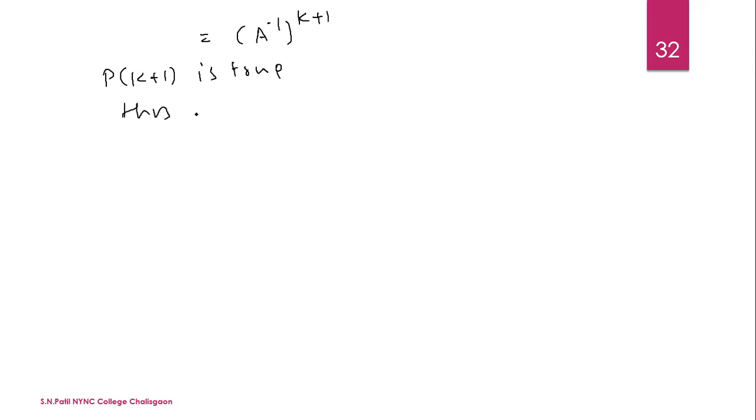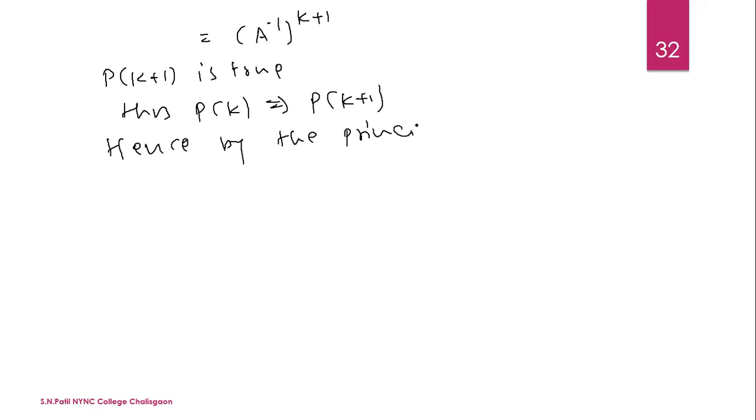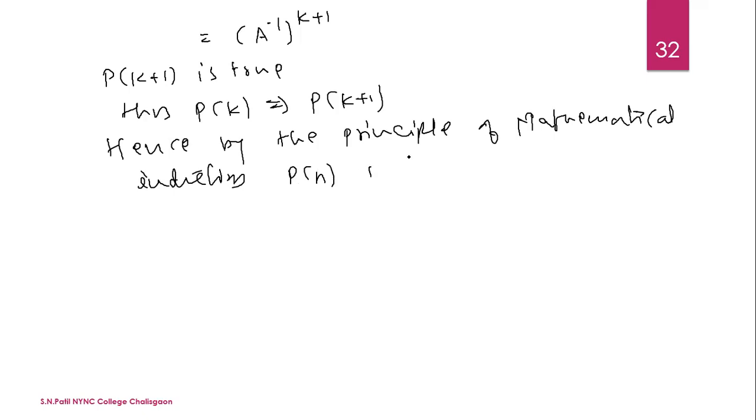Thus P of k implies P of k plus 1. Hence by the principle of mathematical induction, the proposition Pn is true for all n belongs to natural number.